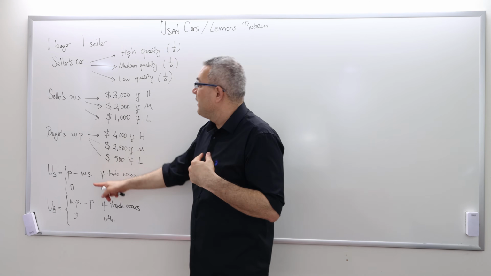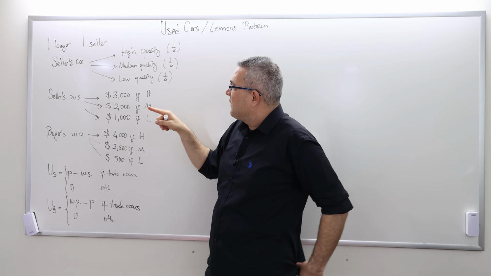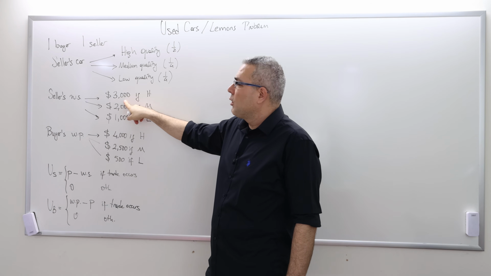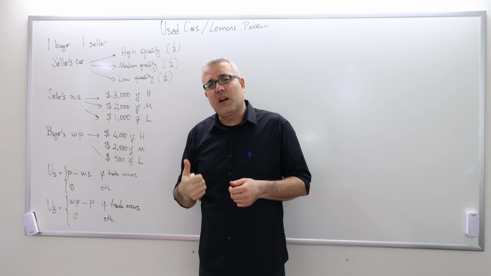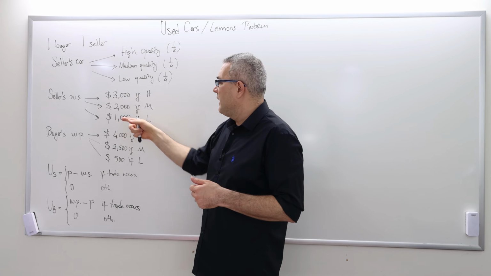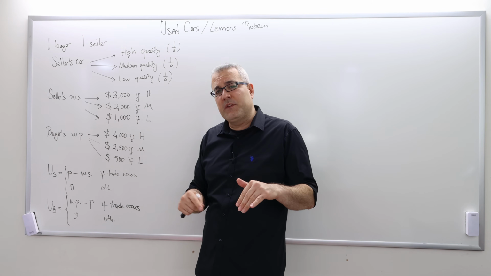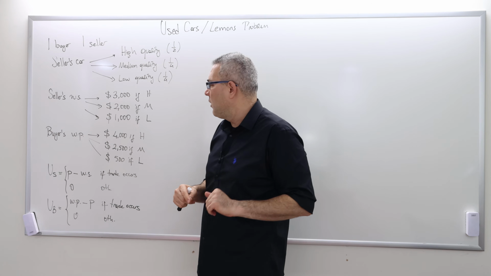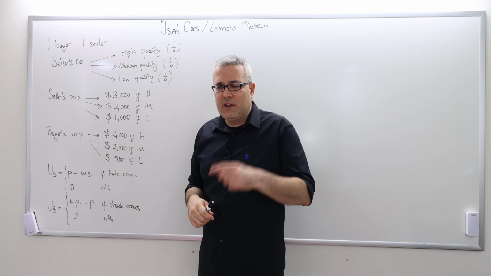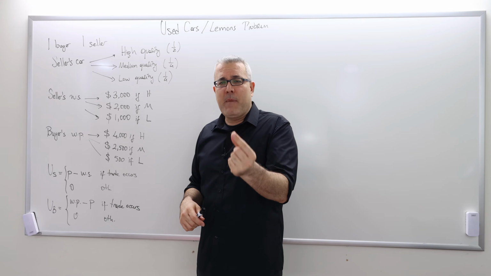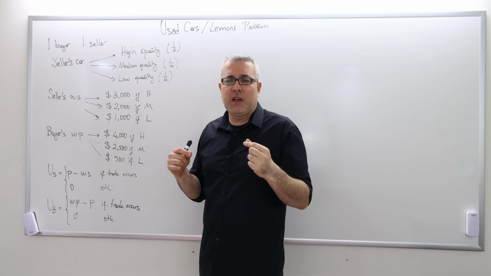Because of this, the seller is not going to accept any price lower than $3,000 if it happens that his car is a high quality car. And he will not accept any price lower than $1,000 if his car is a low quality car. On the other hand, the buyer's utility is his willingness to pay, the benefit of owning that car, minus the price that he pays.